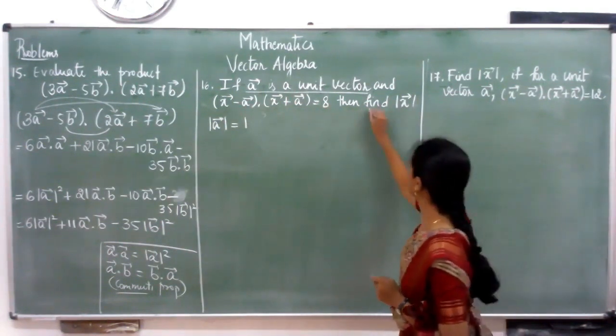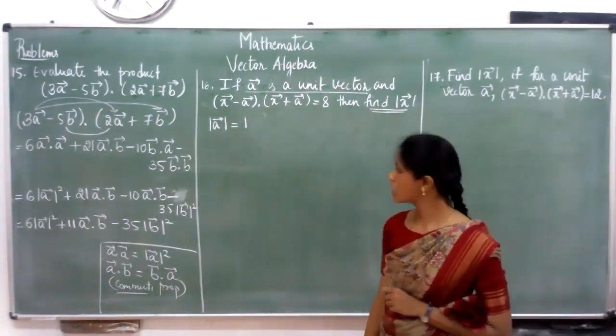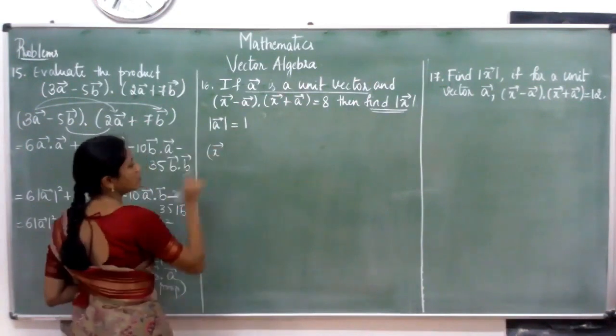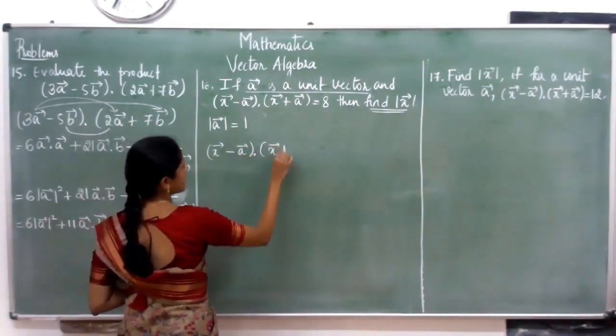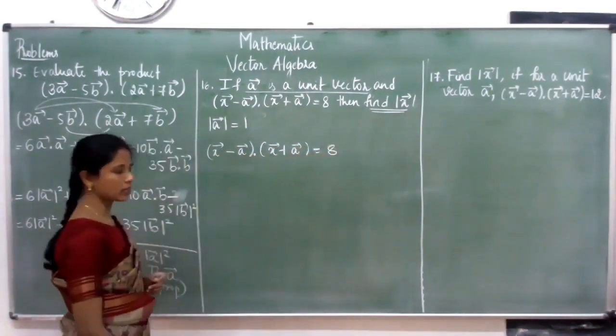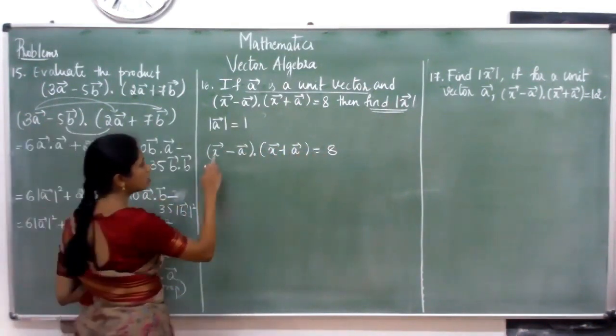What we need to do? We need to find the magnitude of vector x. So let us consider the given dot product. It is given as vector x minus vector A dot vector x plus vector A is equal to 8. So as we simplified in the previous problem, the same way we are going to do.